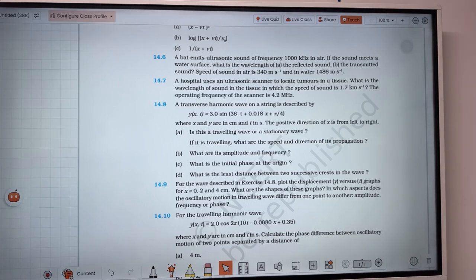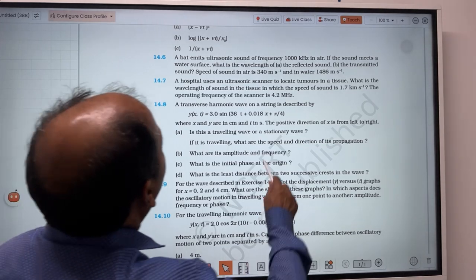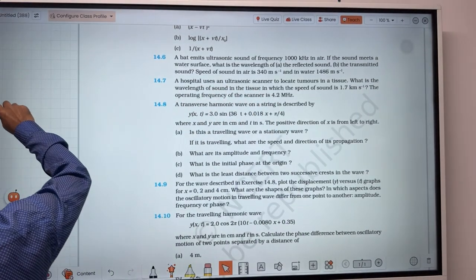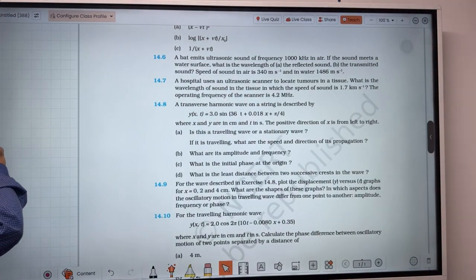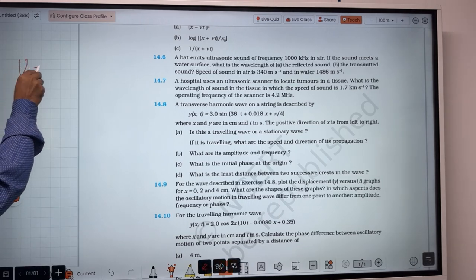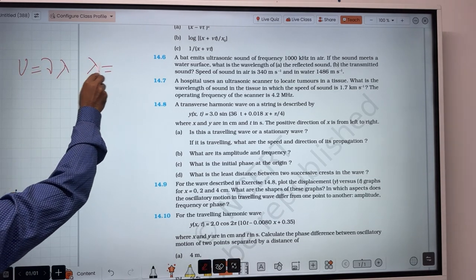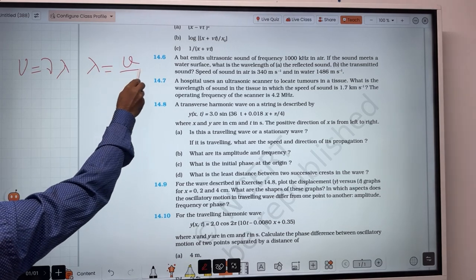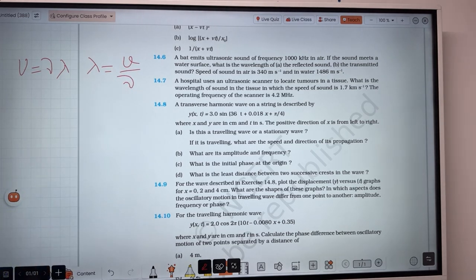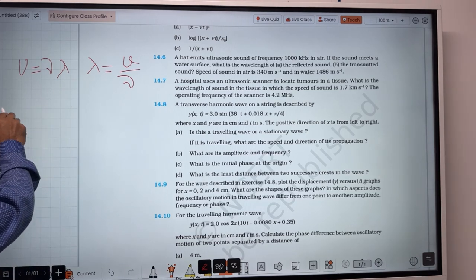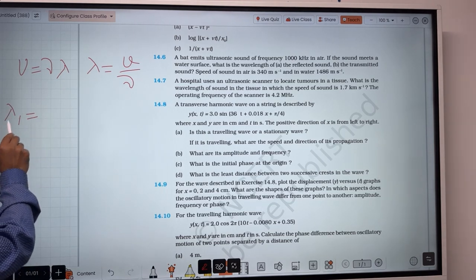Here wavelength is to be found. If you remember the formula, V equal to nu lambda, right? So lambda can be written as velocity divided by nu. Two values are given and corresponding values we can find. So we need lambda 1.